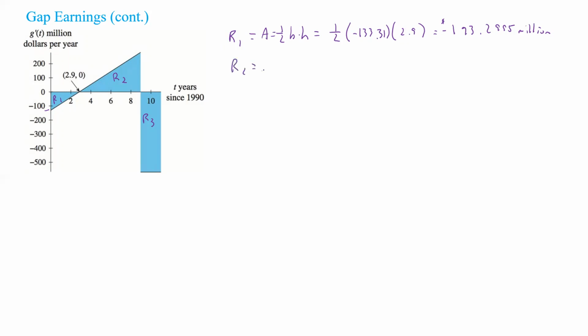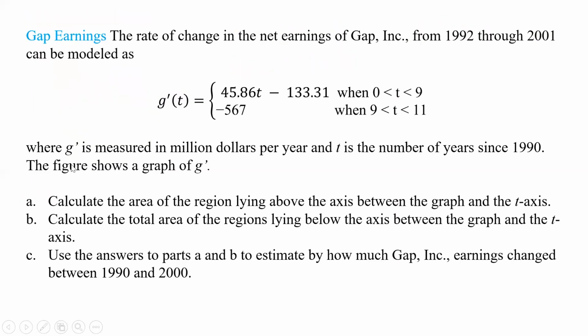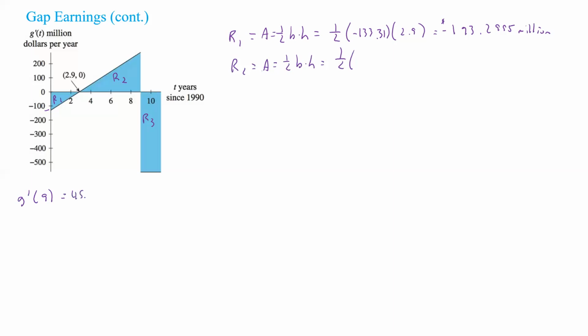Now R2, what is that going to be? Well, that's again area of a triangle, so 1/2 base times height. Now, what is our base? Our base is going to be this piece here, so we have to plug in and figure out what that's equal to. That's G prime of 9, which is 45.86 times 9 minus that 133.31.